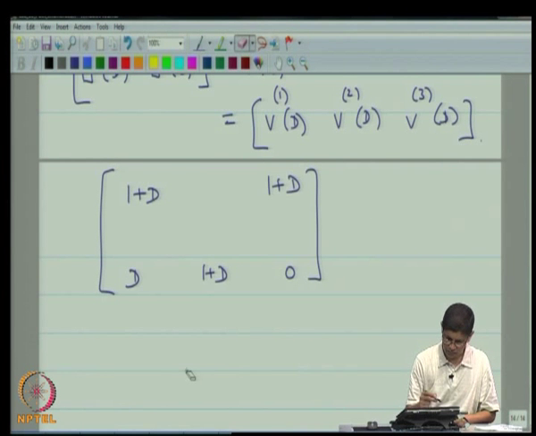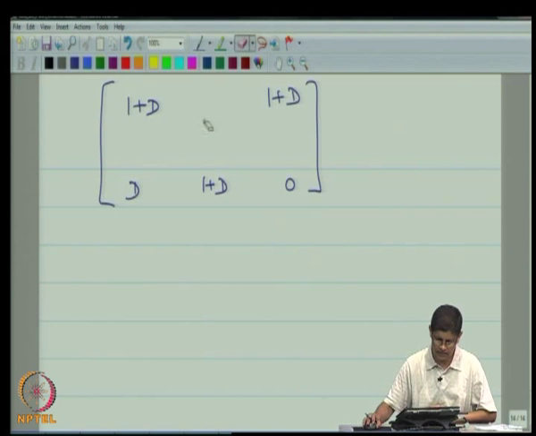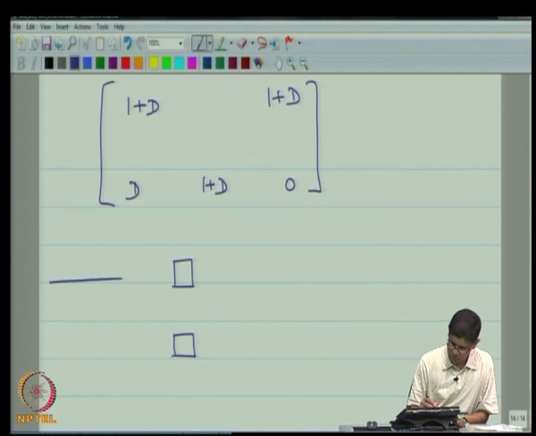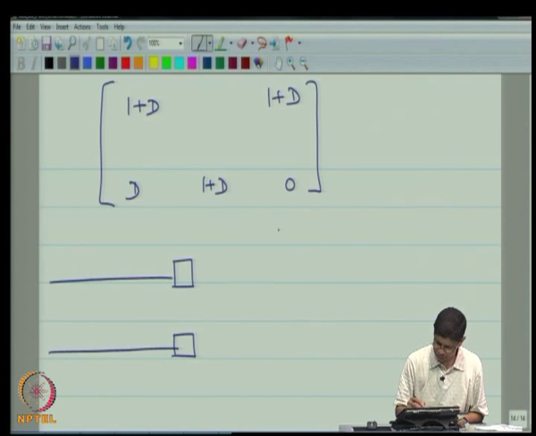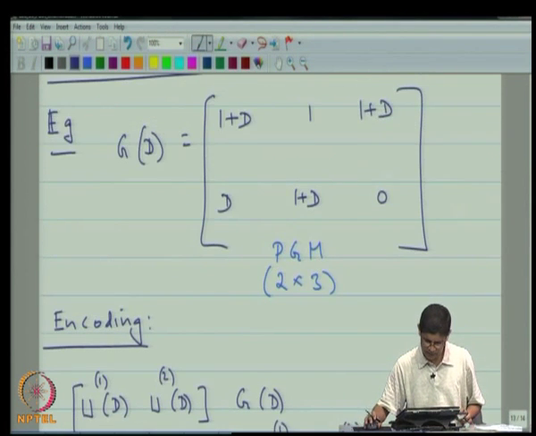Okay, so, this was our generator matrix, and keeping an eye on this, we will be able to draw the encoder. There are two input lines and a single memory unit on each of the two input lines. So, there are two input lines like this and there are three outputs 1, 2 and 3. Let us see, we are missing an entry here, that should be a 1.